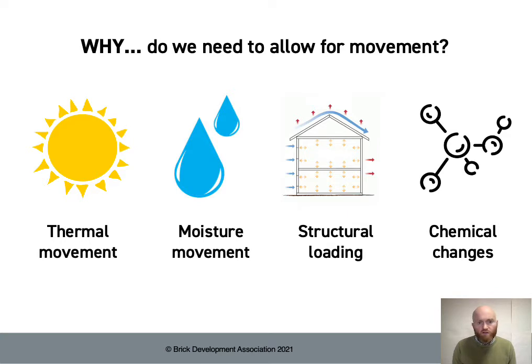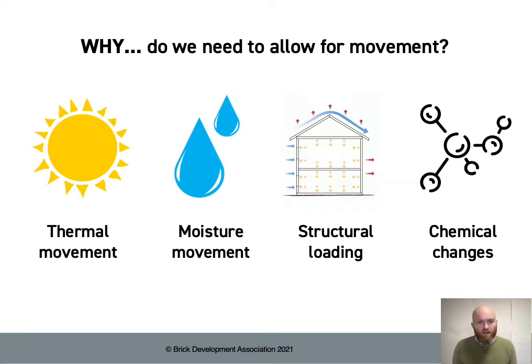Thermal movement is quite straightforward: any changes in temperature within the masonry can lead to cyclical expansions and contractions. Obviously this is impacted by how much sunlight the brickwork gets, whether it's direct sunlight or shaded.